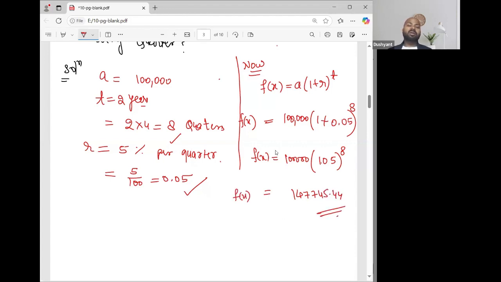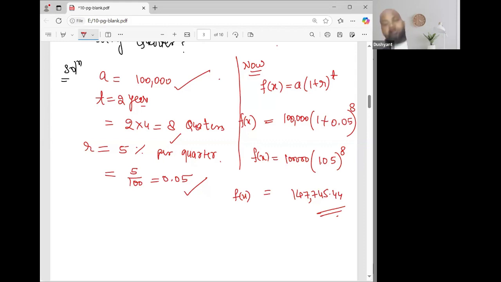It means 100,000 will become 147,745.44 in 8 quarters, meaning 2 years. So there will be an increase of $47,745 in the money in 2 years at this rate.